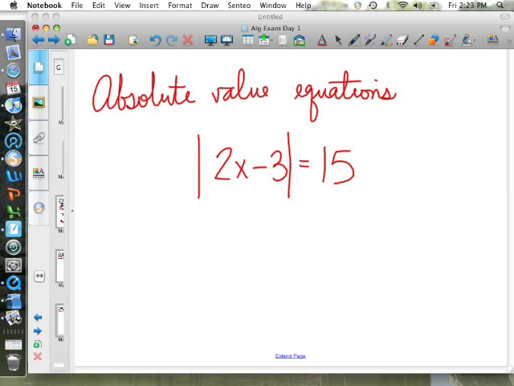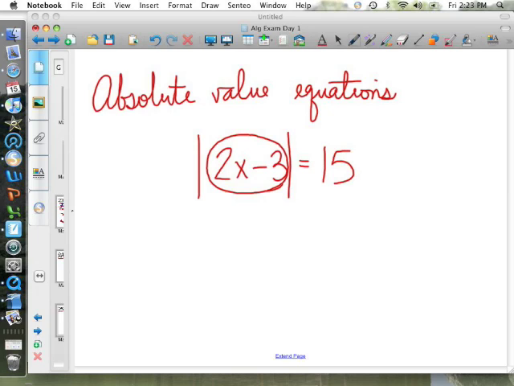What does absolute value mean? How far it is from 0? The physical distance from 0. Very good. Absolute value refers to a physical distance, which means it's always positive. Now what we're trying to figure out is what values of x, when we plug them in there, give us 15.